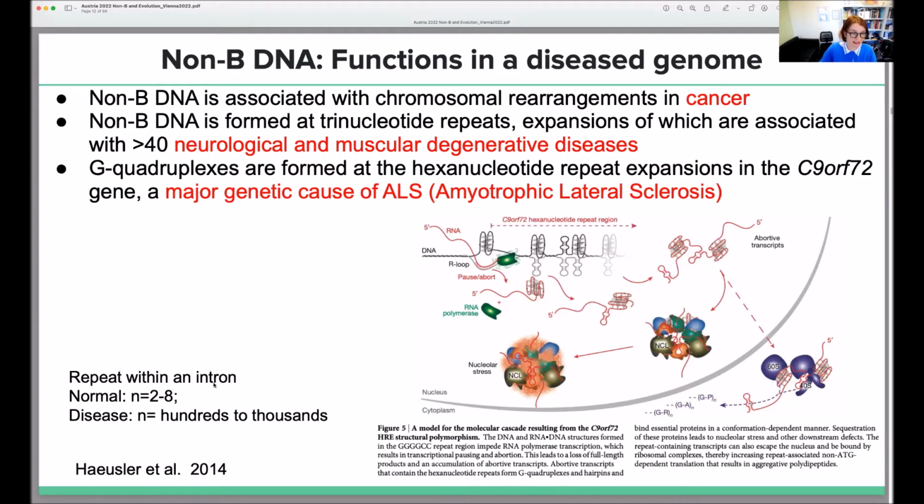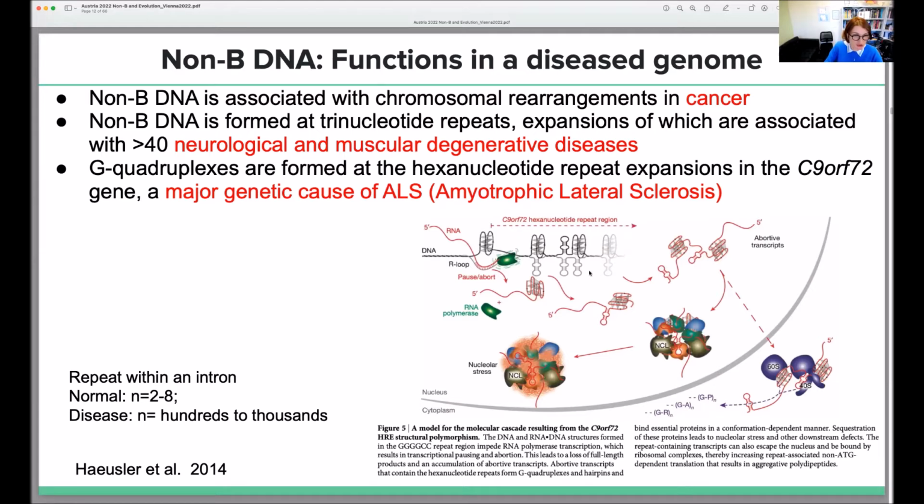So it is a repeat located within an intron. The normal copy number is from 2 to 8, but in the disease it's hundreds to thousands. So the cell becomes overwhelmed with these stress proteins that result from the translation of G quadruplexes.